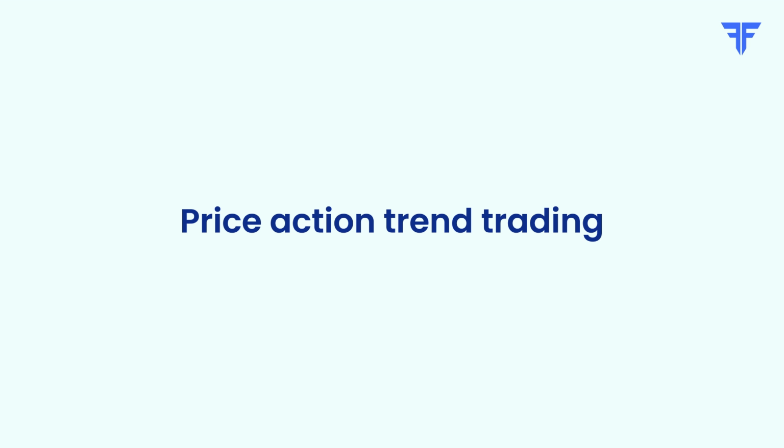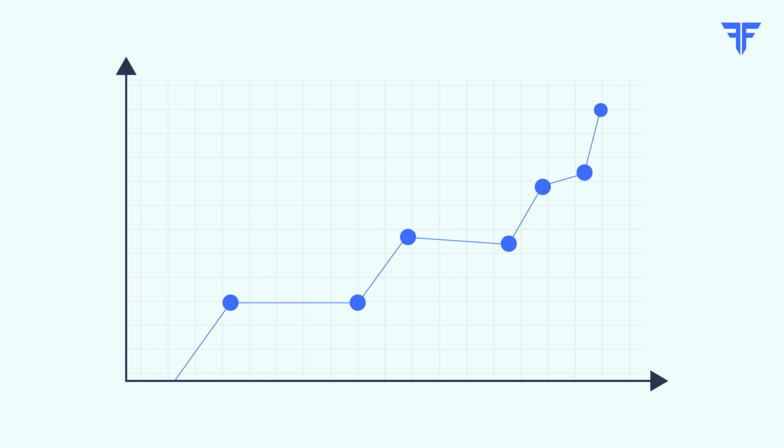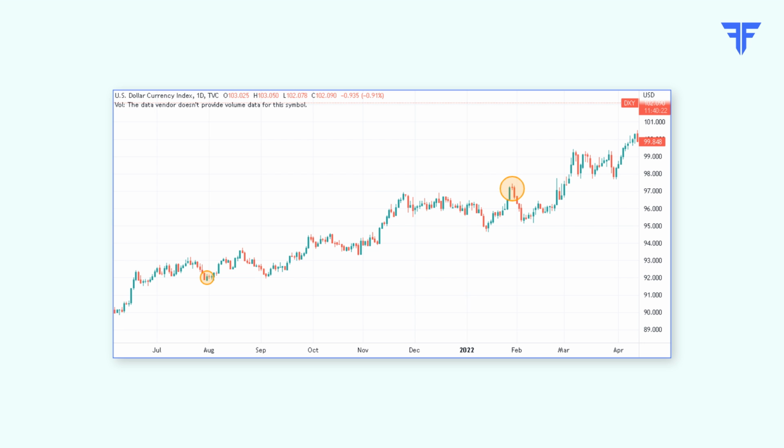Price action trend trading. Price action trend trading is the study of trends. This is the chart of US dollar. You can see in the month of August, prices slightly corrected and then took support near the 92 levels and formed a positive pattern. Thereafter, US dollar continued its northbound journey.